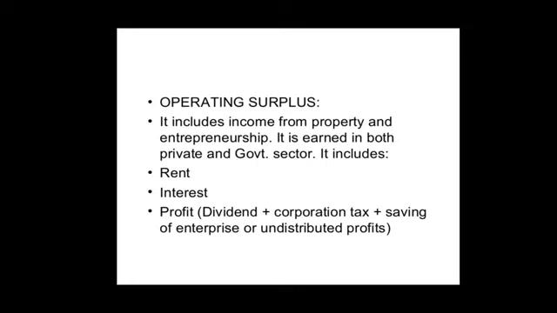This part is also known as the distributed profits. It also includes corporate income tax and undistributed profits, that is the amount which is left over after paying corporate tax and dividends. So we can also call it the savings of enterprise.